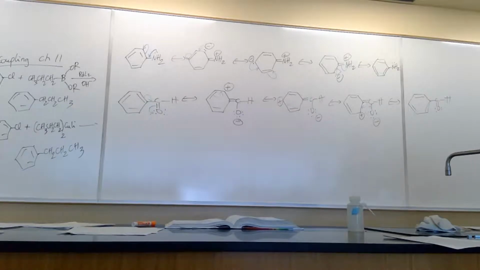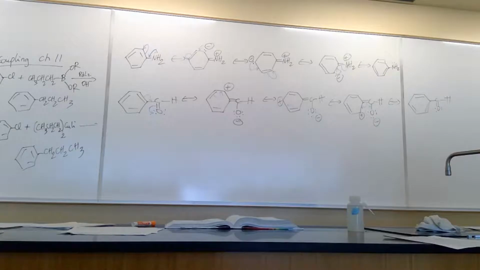If you add more electrons, then it's going to be more negative, so it wants to get rid of that, so it becomes more reactive. So making the ring more negative means making it more reactive. That substituent is called an activating substituent. Anything that makes the reaction go faster activates it. So NH2 is an activating substituent.